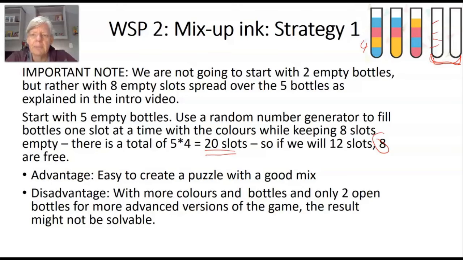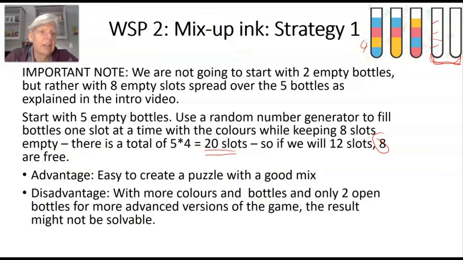Okay, so we are going to do the first strategy. The first strategy is actually to start off with 5 empty bottles and then choose randomly a bottle to add 4 blue ones in.